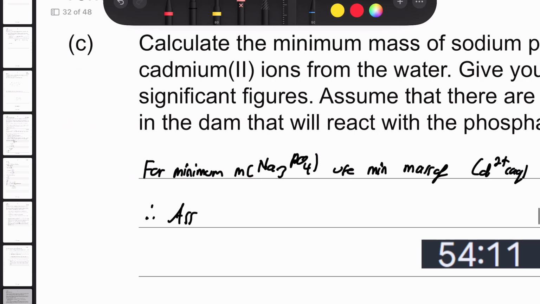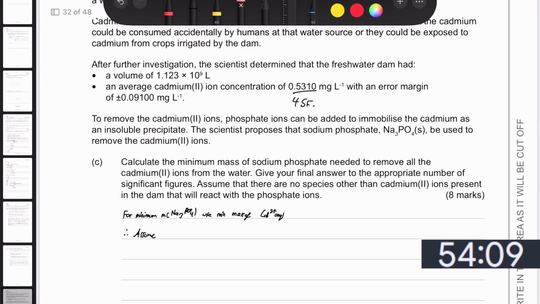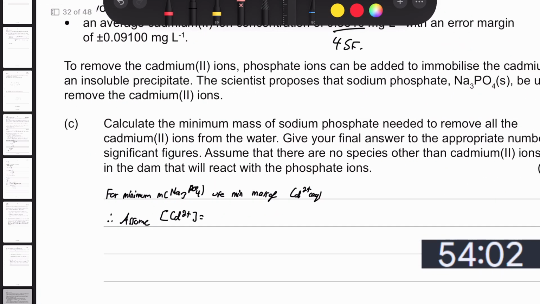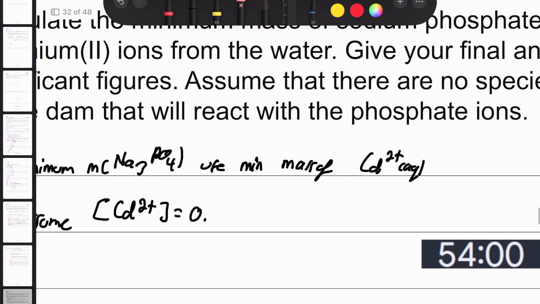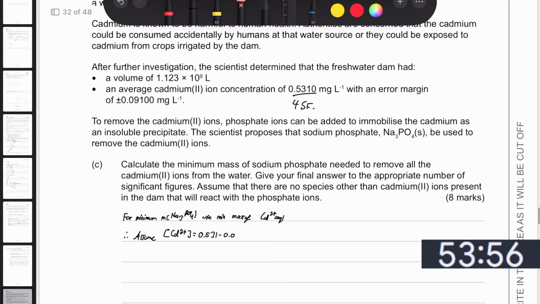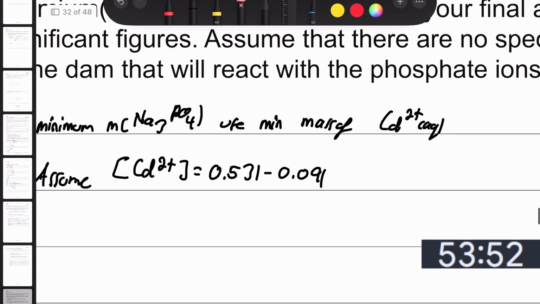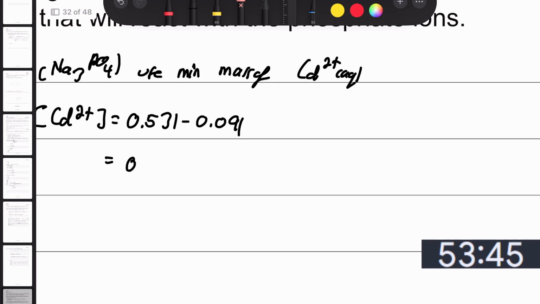Therefore, assume the concentration of Cd2+ is equal to 0.531 minus 0.091, which is 0.4400 milligrams per liter.